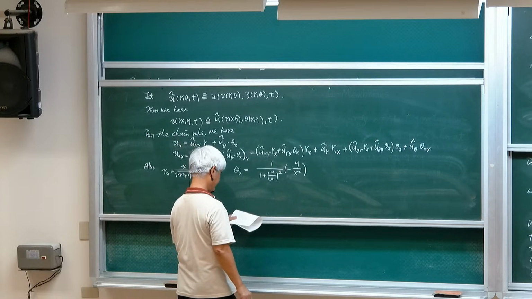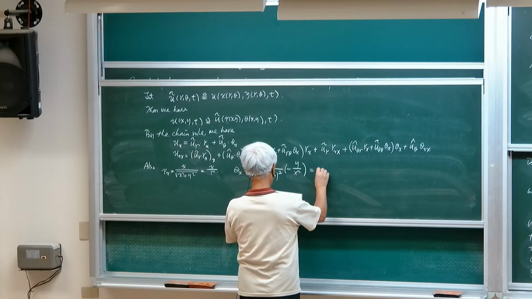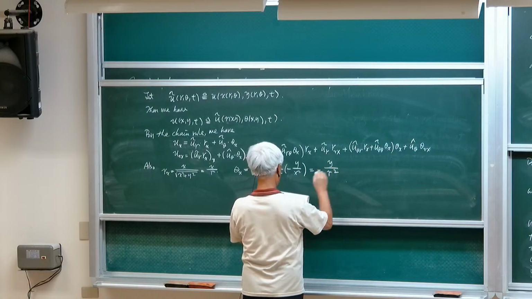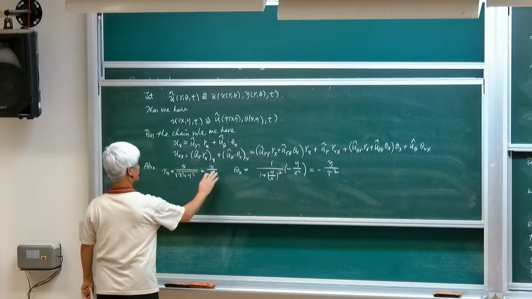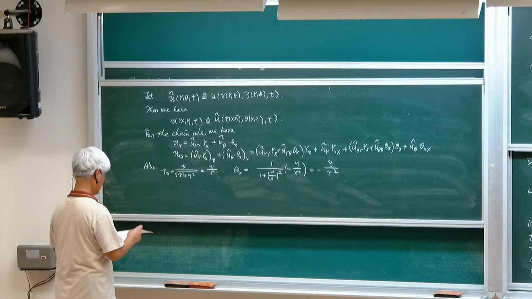Okay. Alright, and so this is minus y over r squared. Okay. So we have these derivatives.